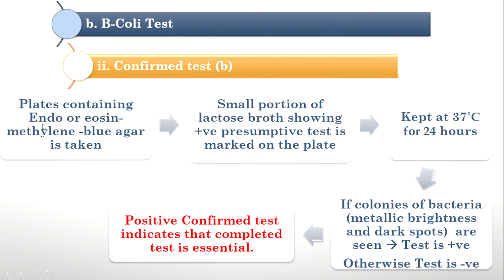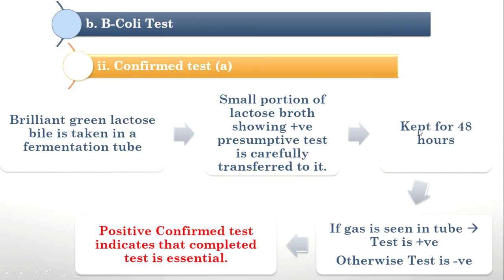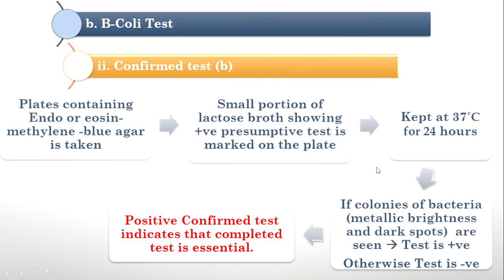It is kept at 37 degrees Celsius for 24 hours. If colonies of bacteria are seen, how can we identify them? They will show a dark spot or metallic sheen color. If it shows a color like this, then the test is positive, otherwise the test is negative. If the test is positive, we have to do the completed test.